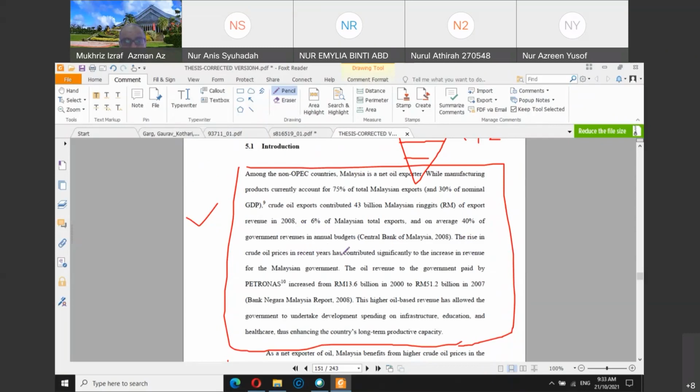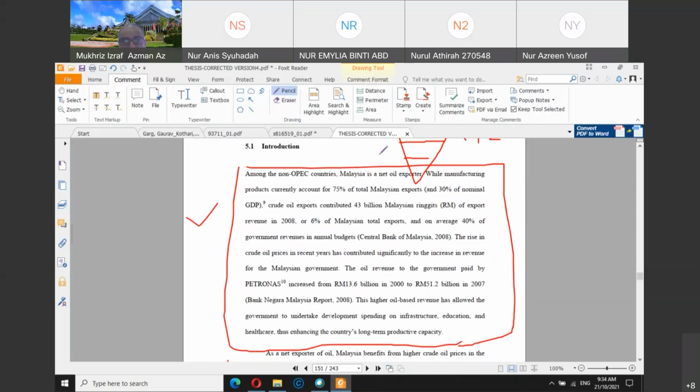As long as you can provide the source, this is usually the part where you can use newspaper articles to provide the statistics. In the introduction, yes, you can rely on newspaper cuttings to justify the numbers, the figures.